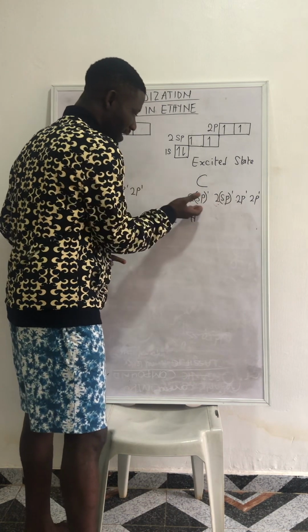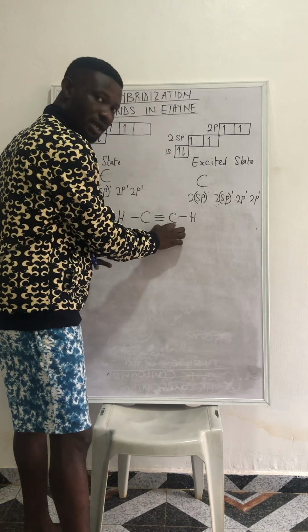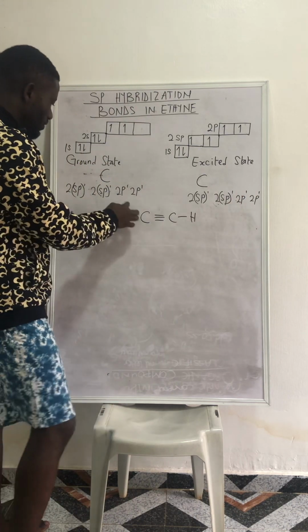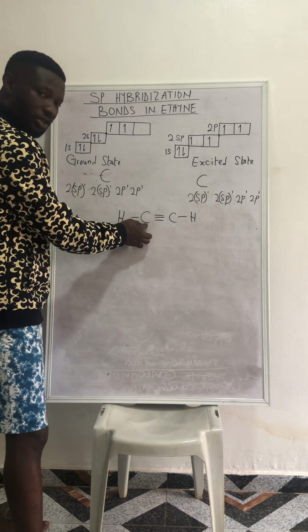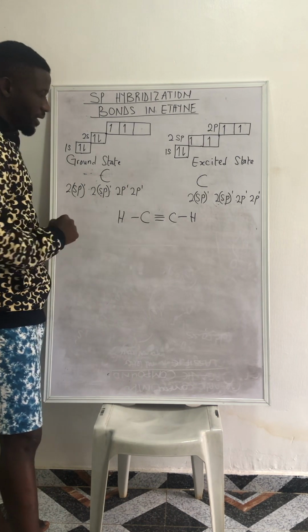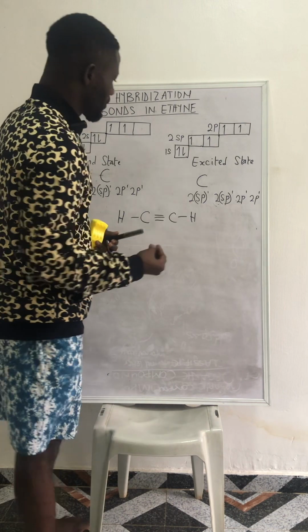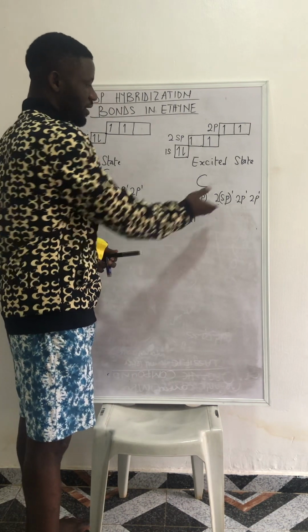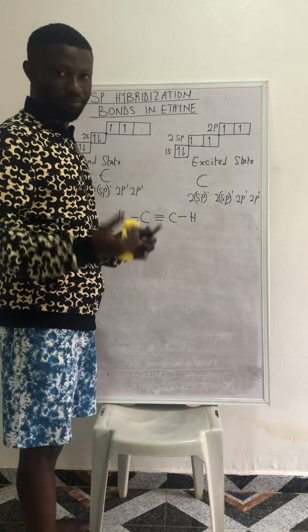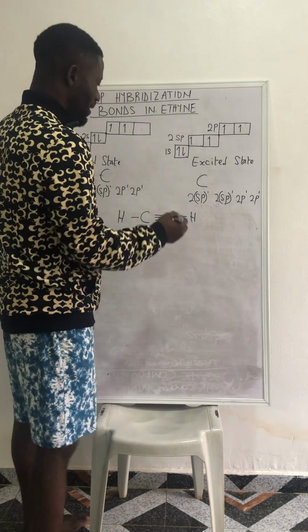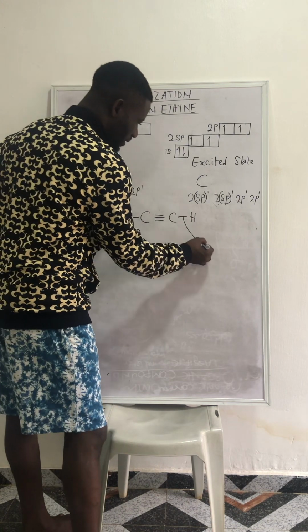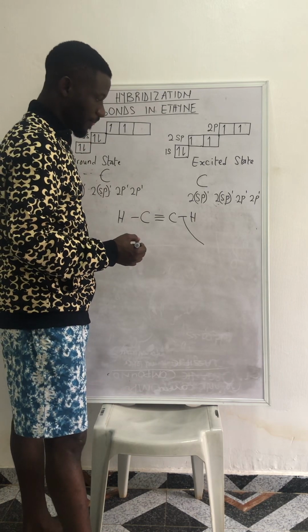This is the electronic configuration of this carbon. This is also the electronic configuration of this carbon. All right. The question now is this: how does carbon use this electronic configuration in bonding? Okay. We know that this bond is a covalent bond.